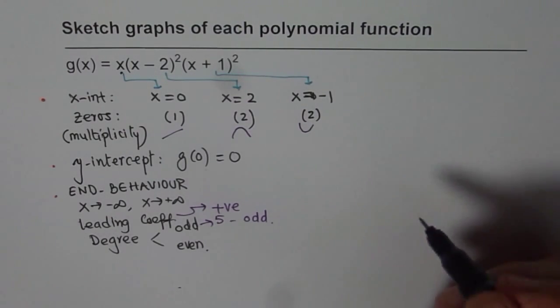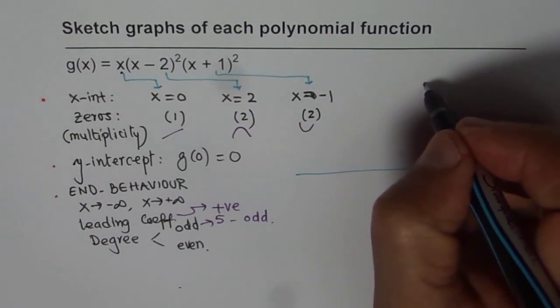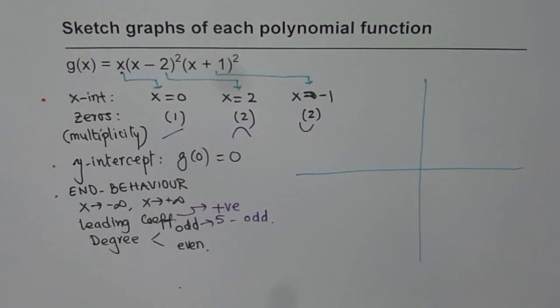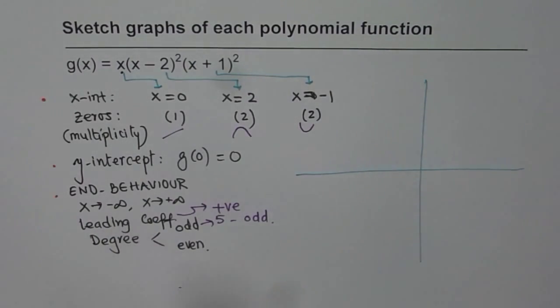So that's also time for us to sketch. But let's first finish off the end behavior. We have odd degree with positive leading coefficient.